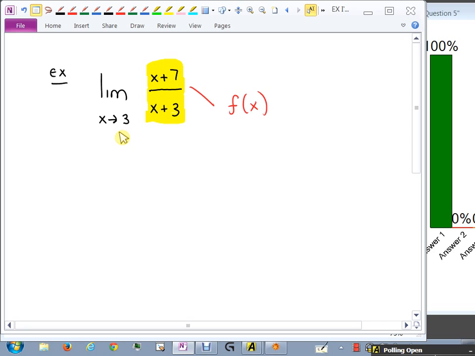If so, that's your answer. So try plugging 3 in, and what do you get? On top, 11, so 3 plus 7. And on the bottom, 3 plus 3. So you get 10 over 6, which is 5/3.